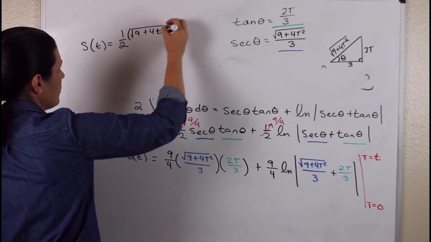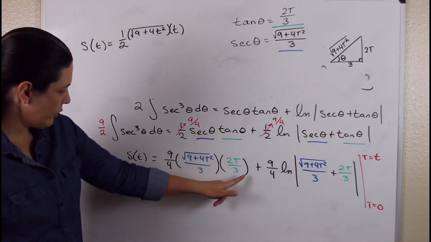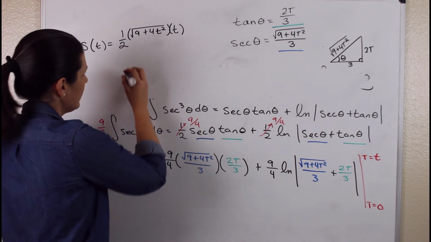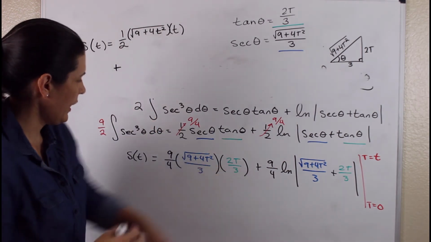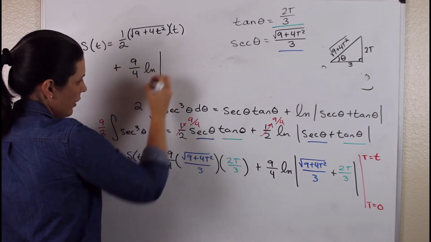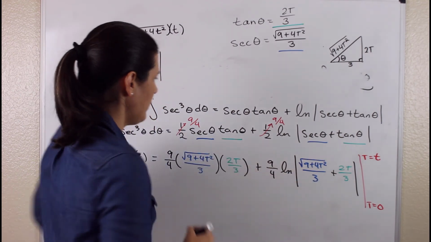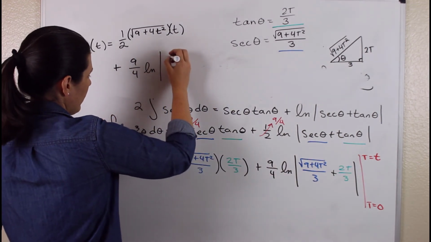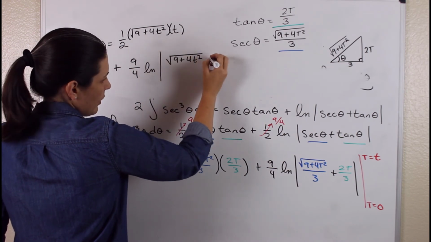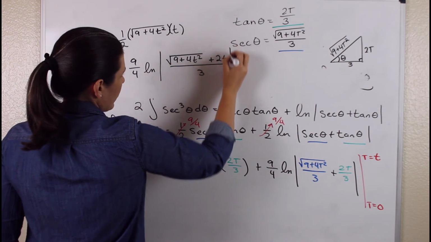That's from simplifying this and plugging in little t. And then plus 9/4 natural log of, and we can put this together because it's the same denominator, the square root of 9 plus 4 little t squared plus 2 little t, all over 3.